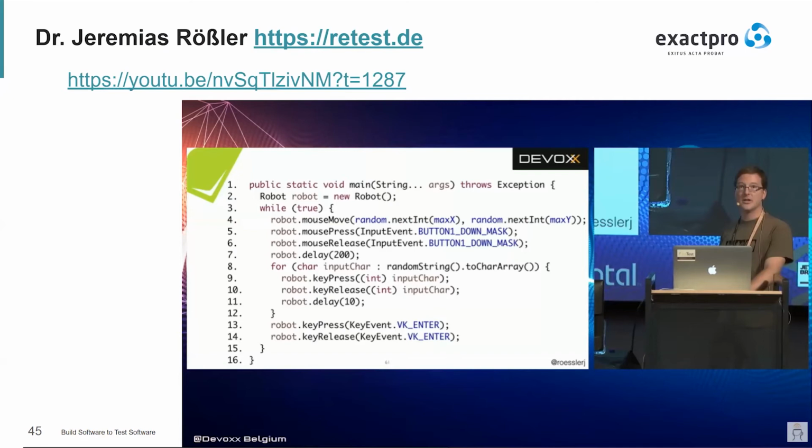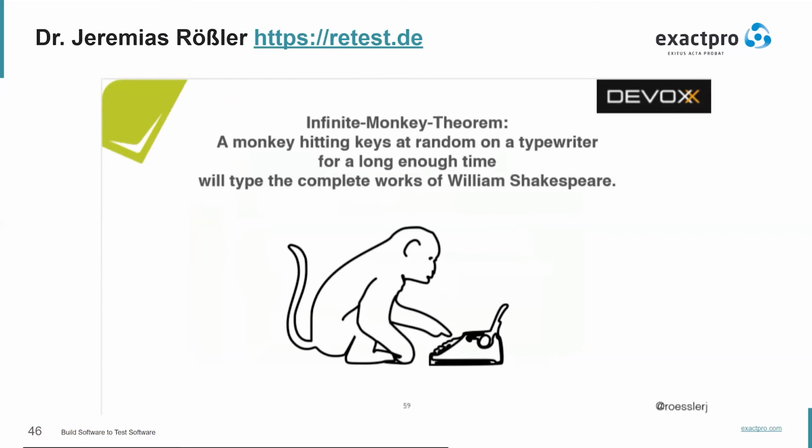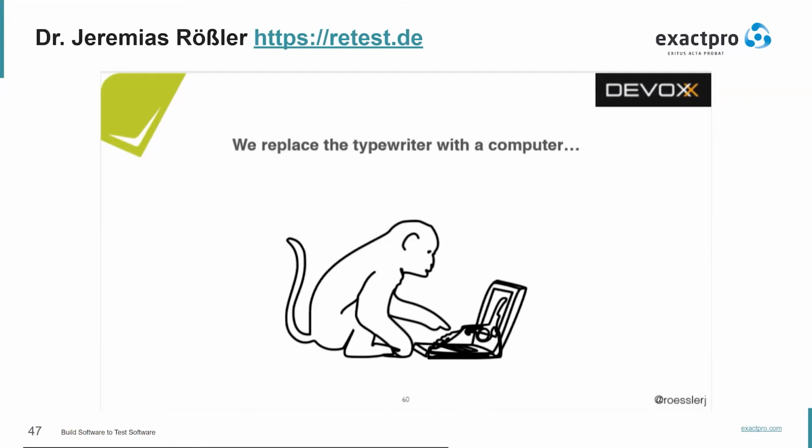One of those ideas is the infinite monkey theorem, which states that if we give a typewriter to a monkey for an unlimited period of time, eventually this monkey, just by randomly hitting the keys, will create the complete works of William Shakespeare. What we can do in testing is replace our typewriter with a computer so that our monkey will click through any web application. And thus, again, it utilizes the function of our hand or finger in our human model.